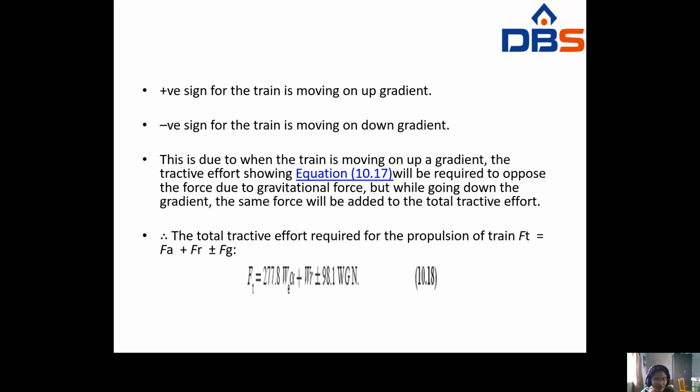The Fa value is 277.8 W alpha, the Fr value is WR, and the Fg value is 98.1 WG newtons. So Ft equals 277.8 W alpha plus WR plus or minus 98.1 WG newtons. This is the tractive effort, the force which is required to move the train.